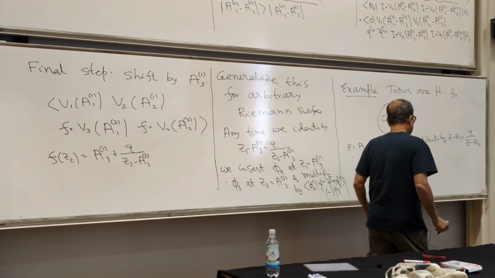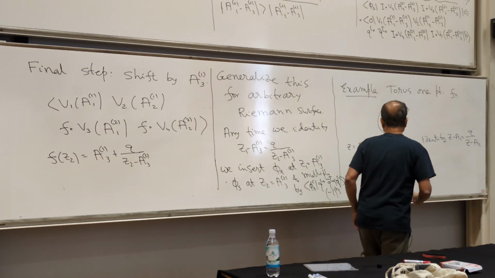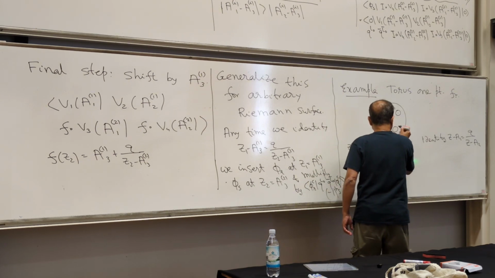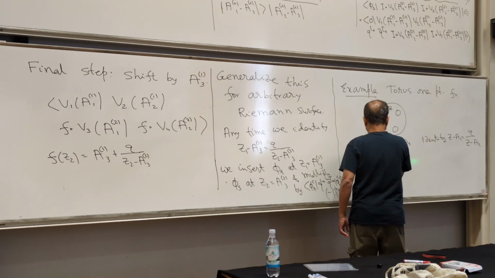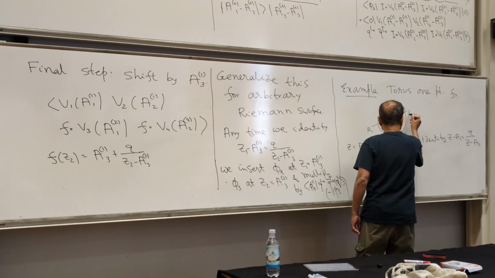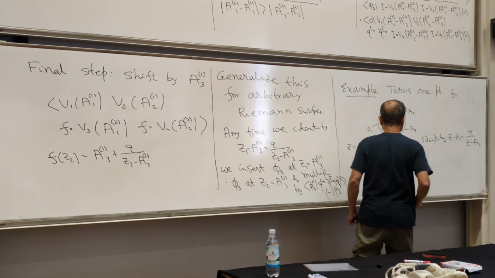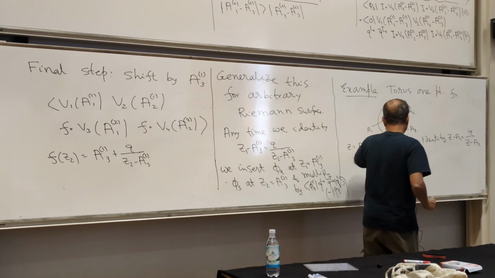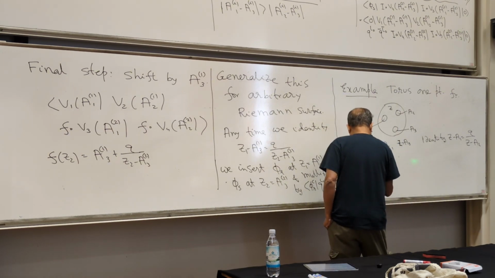Okay. Which means that we take, let's call this a1, call this a2, and call this a3. So what we are doing is that we are taking a circle.